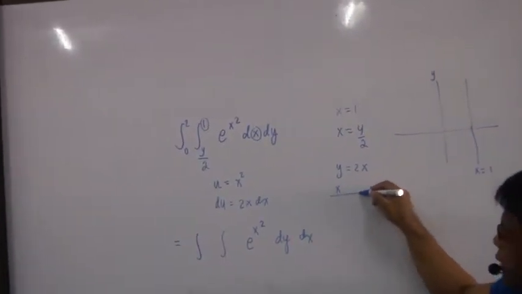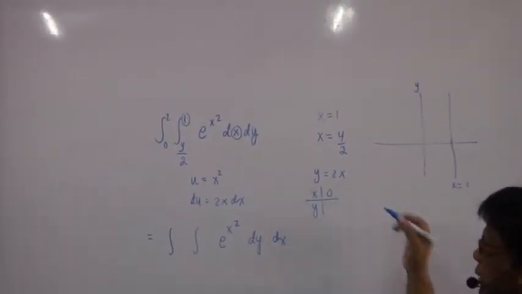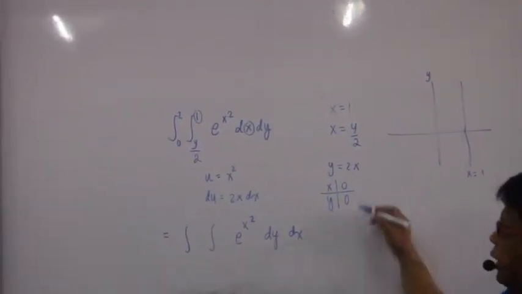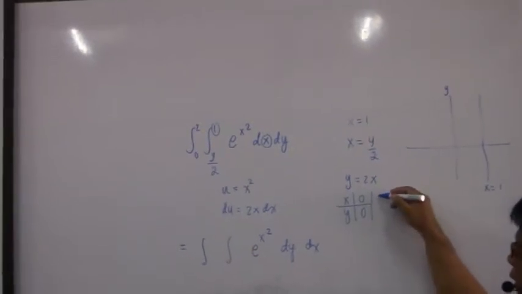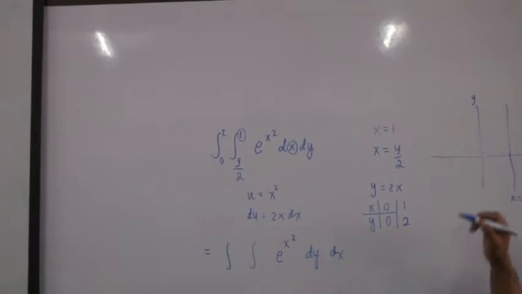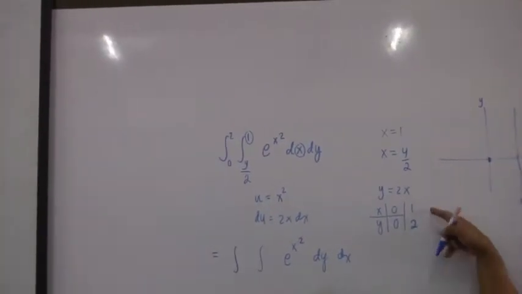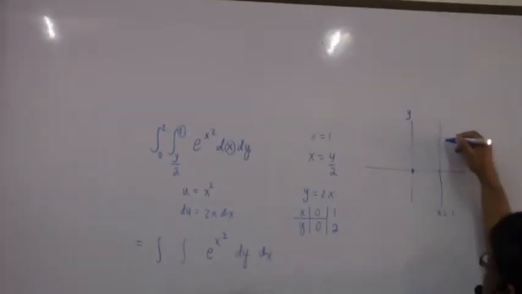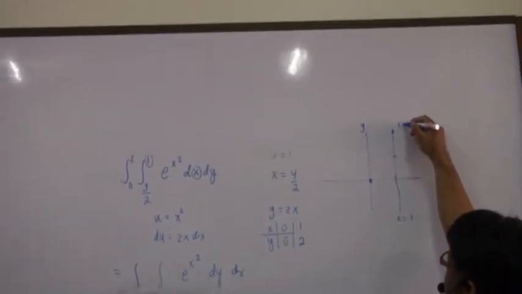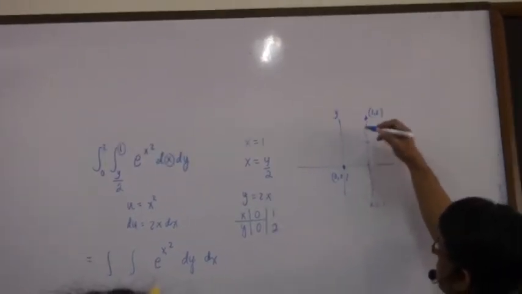By point plotting, if x is 0, what is y? y is 0. Let us have another value, when x is equal to 1, what is y? y equals 2. So let us plot the points 0, 0 and 1, 2. Then let us connect the two points.